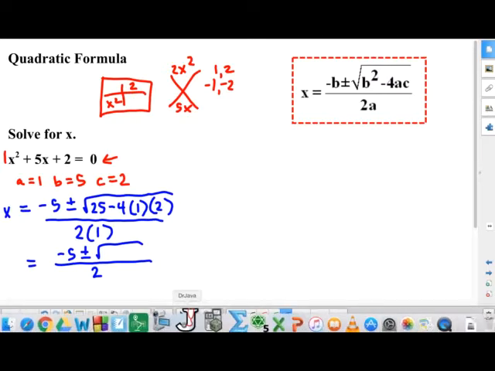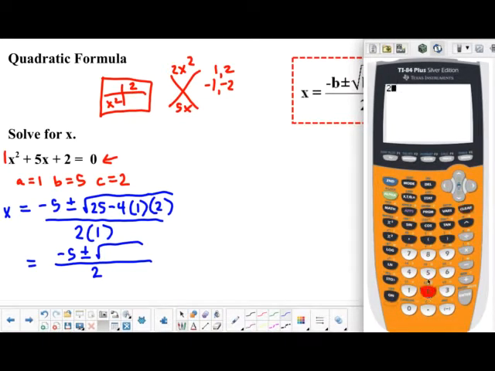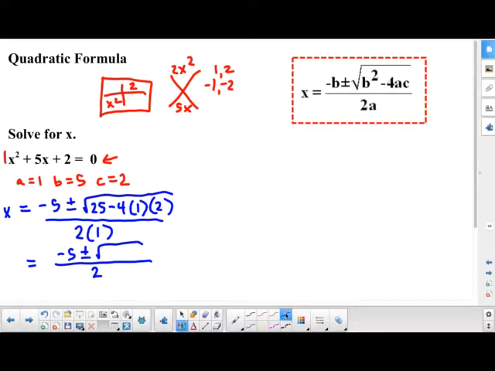While you do that, I'm going to grab my calculator and do 25 minus 4 times a, which is 1, times c, which is 2. I'm not going to press equals until the very end, and when I press it now, I get 17. So be careful when you do this. Don't press equals as you go along. Press it at the end like I just did.